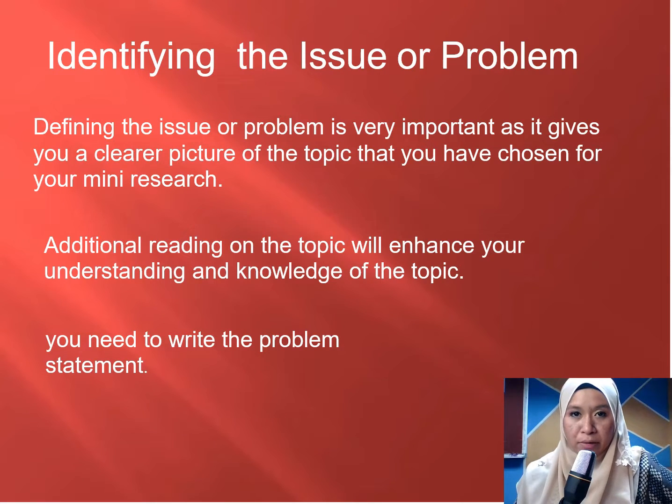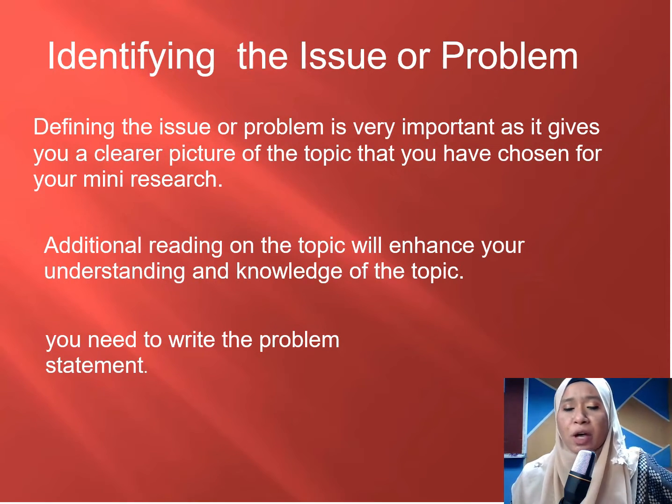All right, so what are the issues or problem? You need to identify the issue or problem. It's very important. It gives you a clearer picture of the topic that you have chosen for your mini research. And of course, you need to have more information. So additional reading on the topic will enhance your understanding and knowledge about the topic you've chosen.